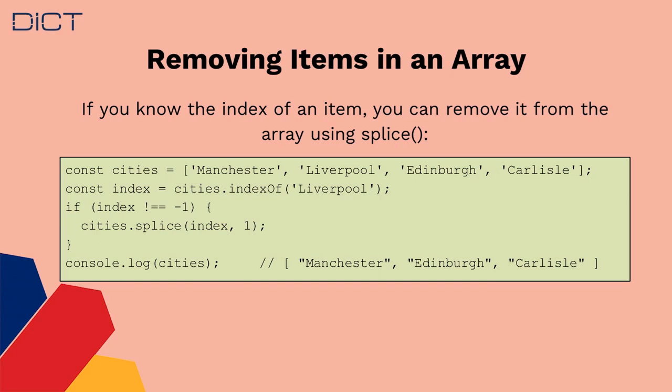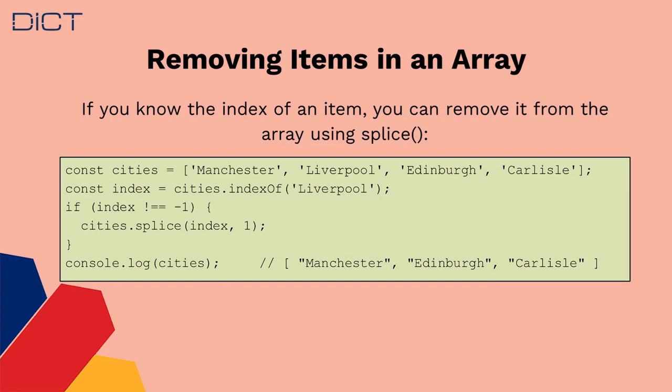Say for example, we declare the index as cities.indexOf(Liverpool). So we have determined the index by means of the indexOf method. Then if the index is not equal to -1, it will splice.